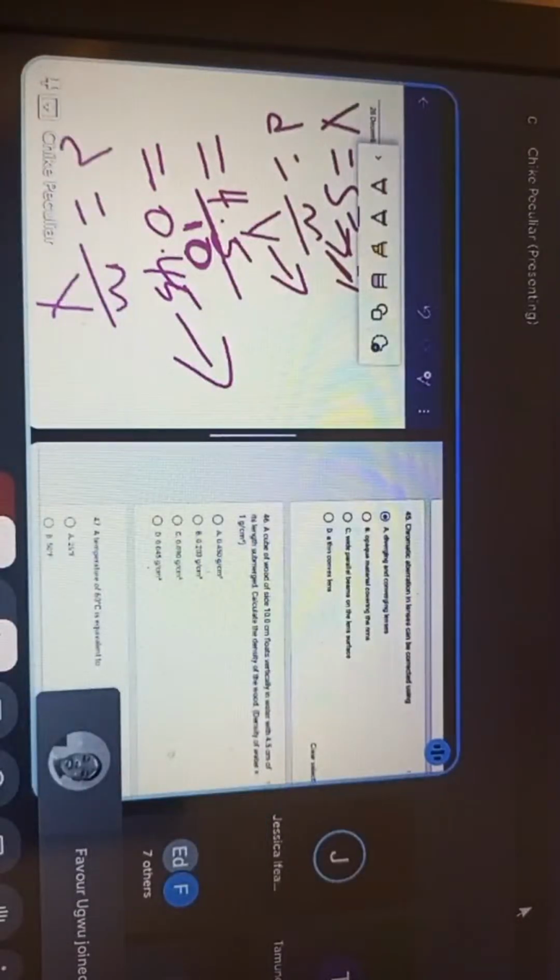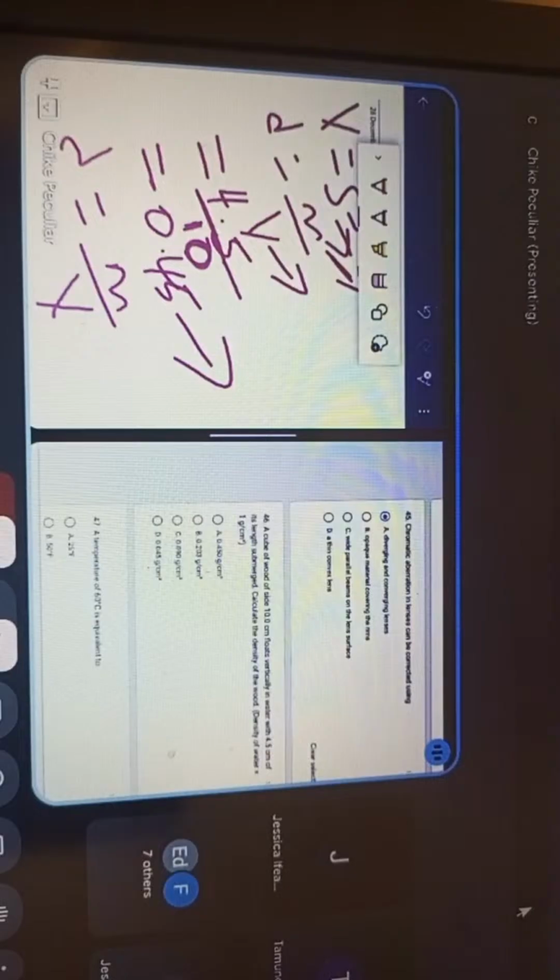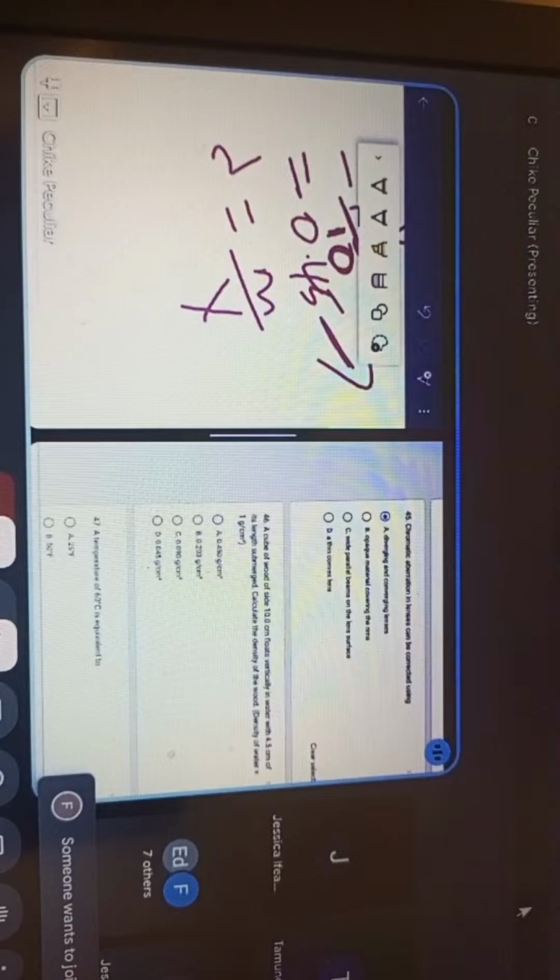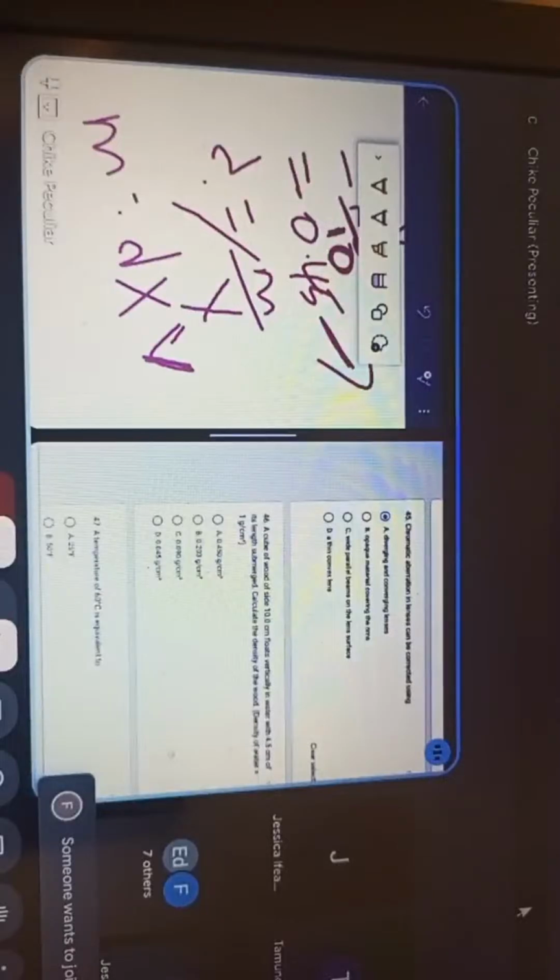So to get the density, it's going to be the fraction submerged times 1 gram per cm cube, because this is water. So 1 gram per cm cube is going to be the density of the substance. So this mass is going to be the density times the volume submerged. So density of water, since they are all in gram per cm cube, is 1 gram per cm cube times what is its volume submerged? 0.45.